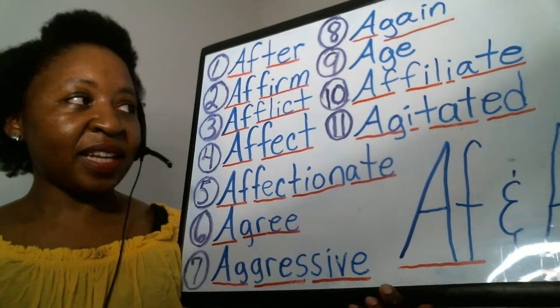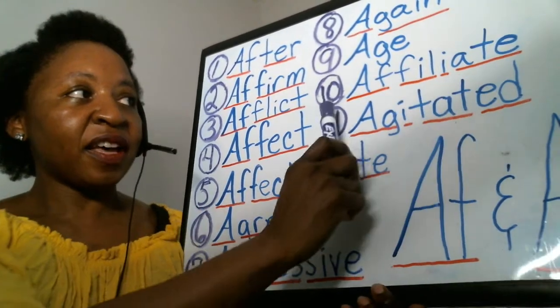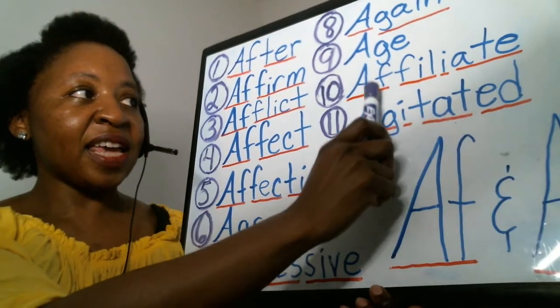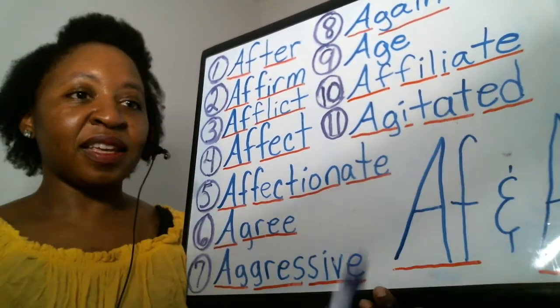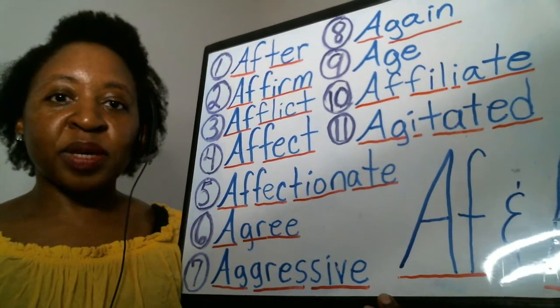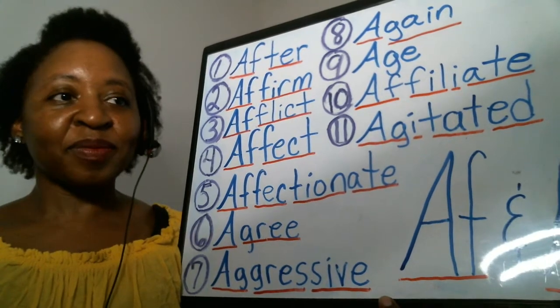Word number 10, affiliate. A-F-F-I-L-I-A-T-E. And this word can also be pronounced affiliate, such as affiliate marketing.